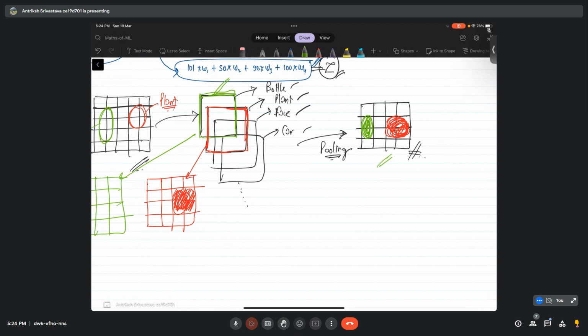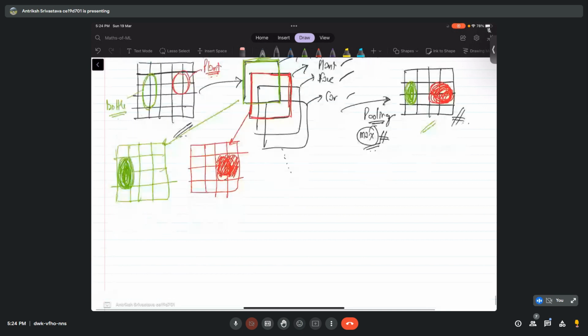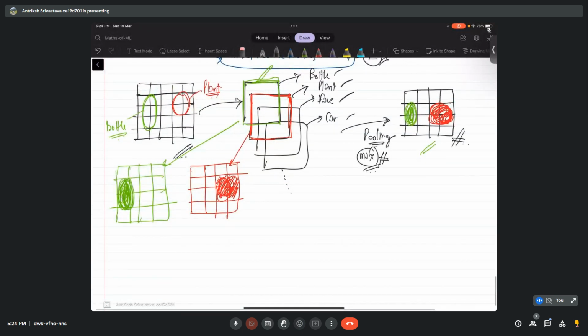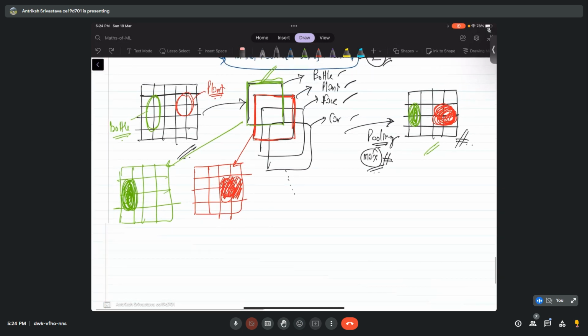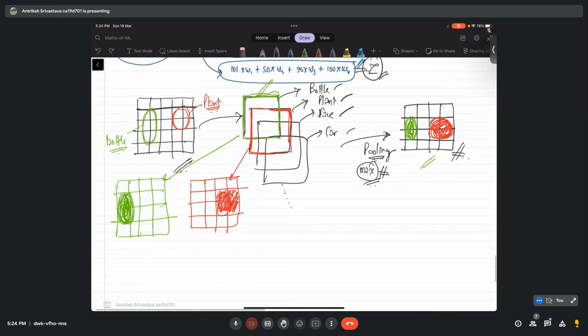So one of the most common ways of pooling is max pooling. What max pooling actually means is that you look into this 3D matrix. All these will have 4 by 4. Now you look at this element, the first corner of all these filters.